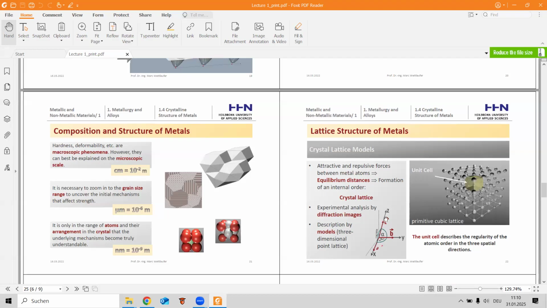Experimental analysis by diffraction images, description by models, a three-dimensional point lattice. So the unit cell describes the regularity of atomic order in three spatial directions.